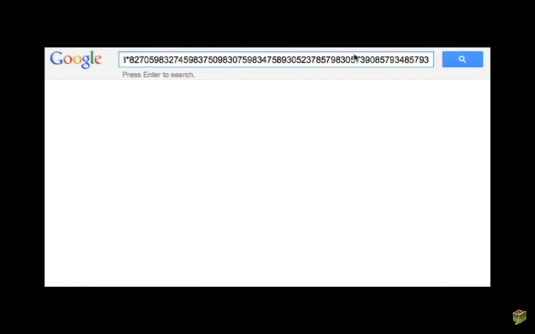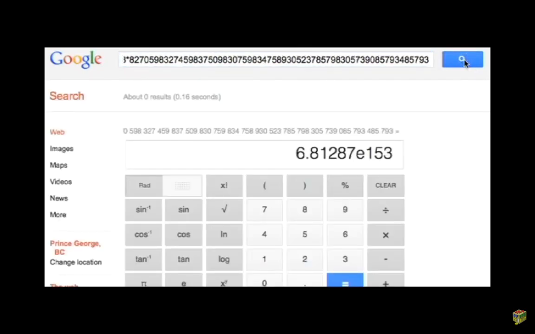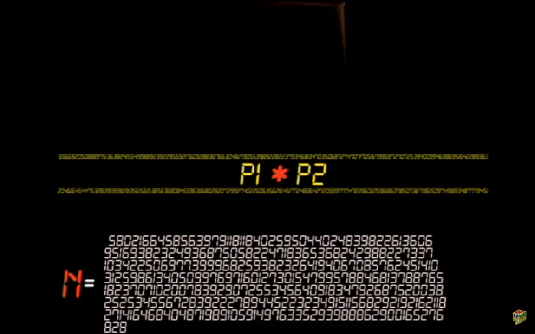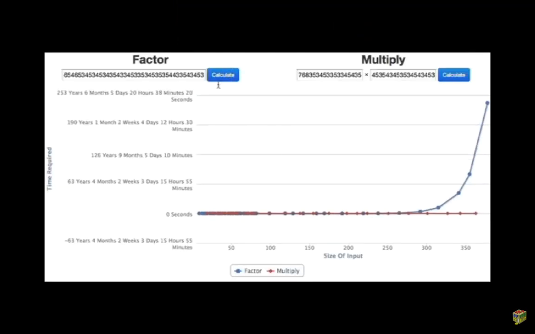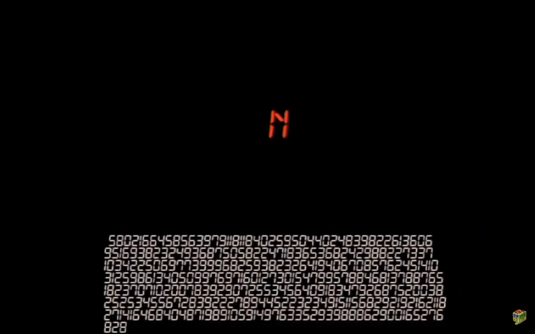We could even do it in a web browser. Then she takes the factorization of n, P1 times P2, and hides it. Now if she gave n to anyone else, they would have to have a computer running for years to find the solution.